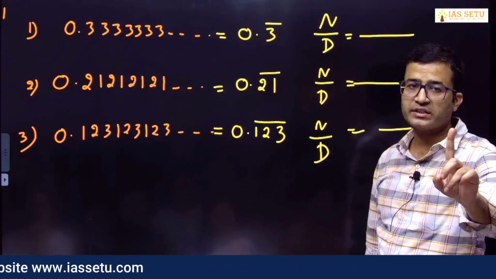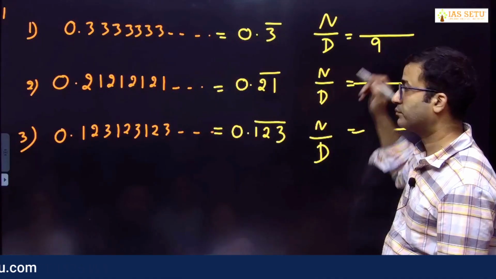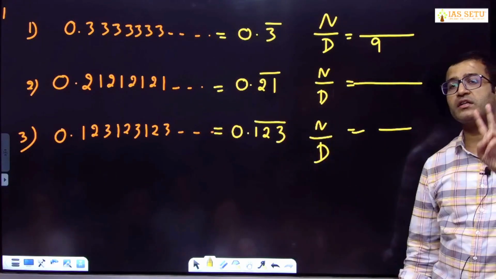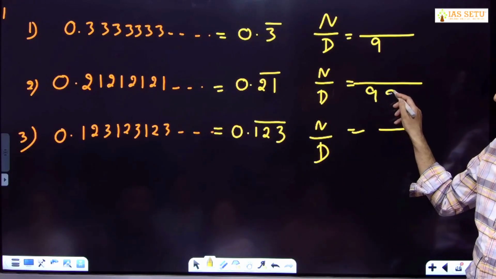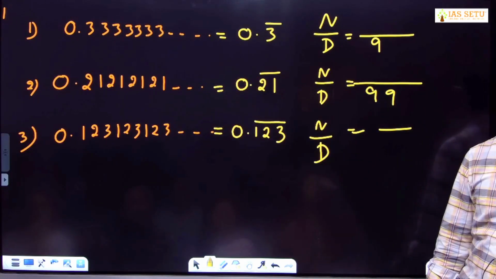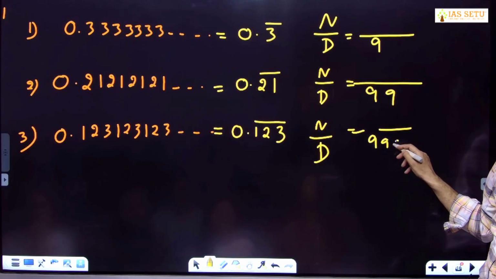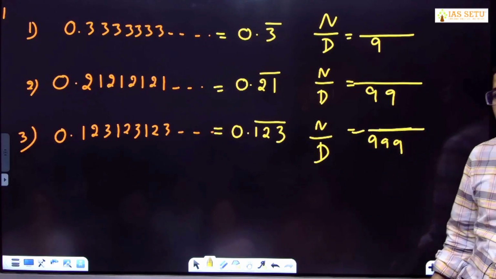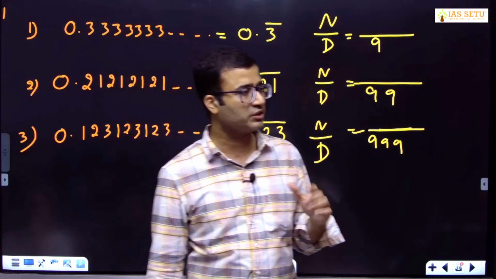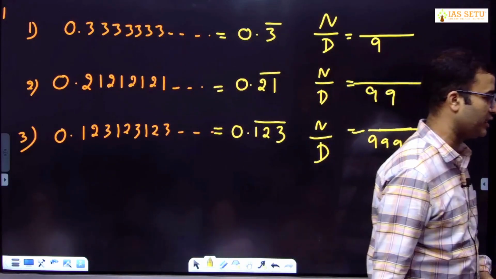There is 1 digit under the bar, 1 nine. In the second example, there are 2 digits under the bar, double 9. In the third example, there are 3 digits under the bar, triple 9. So I repeat, as many 9s as digits under the bar. The number of digits that repeat, that many 9s are formed.